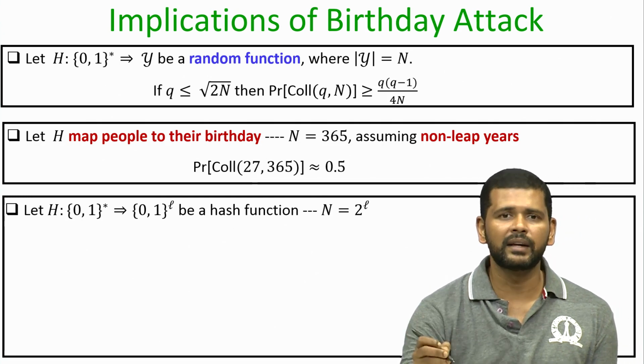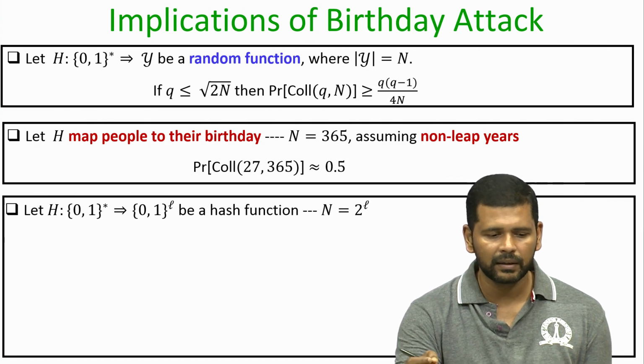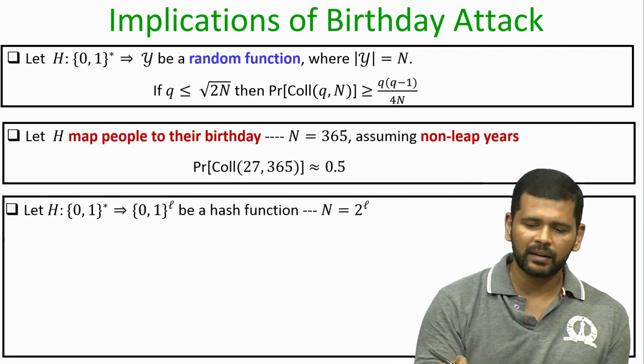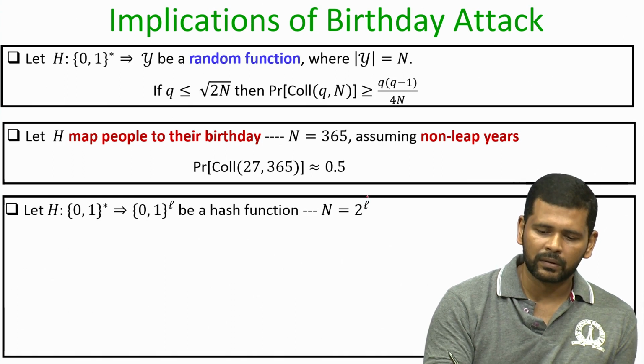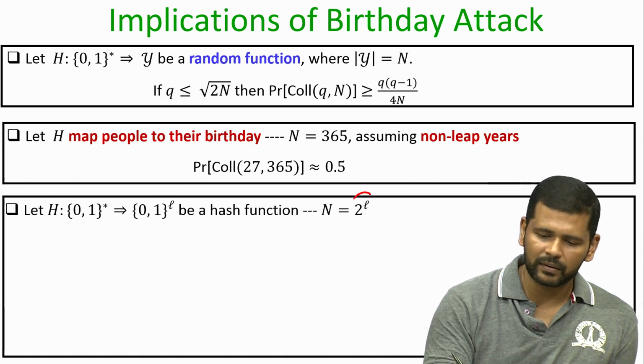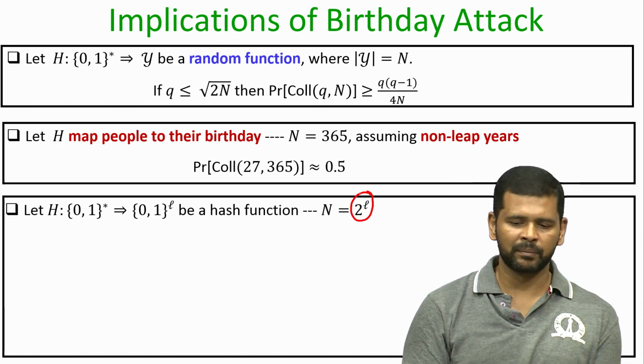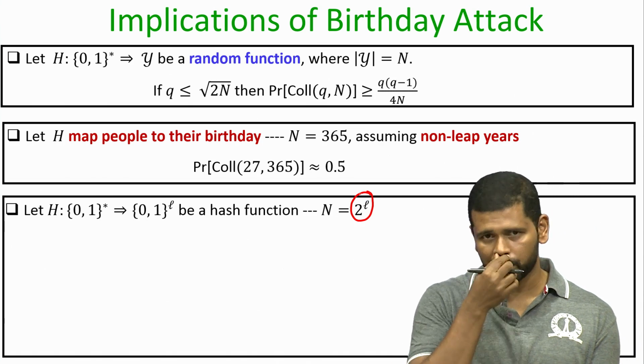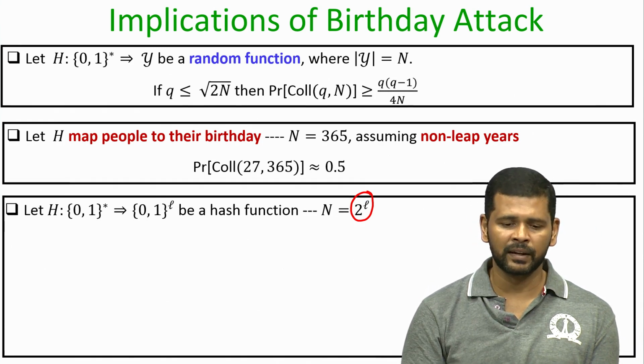What exactly are the implications of this birthday attack? It says that imagine your codomain space has size 2 to the power l. That means your hash outputs could be any string of little l bits.